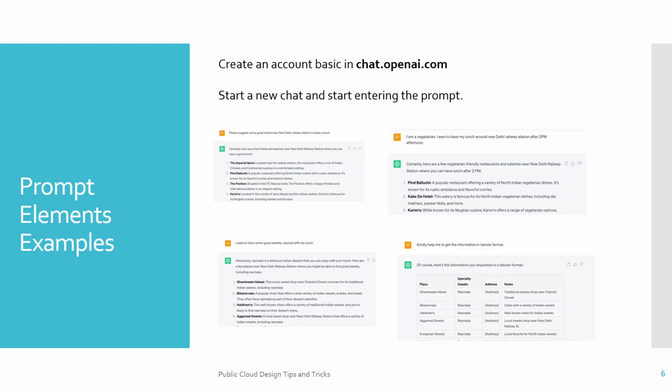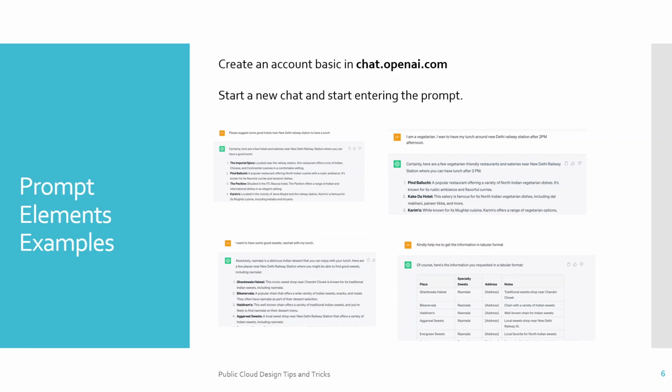I have just taken snapshots because it's a big response completion. So I'm taking snapshots at that particular point on chat.openai.com. With the basic prompt, I'm getting a lot of hotels near New Delhi railway station.